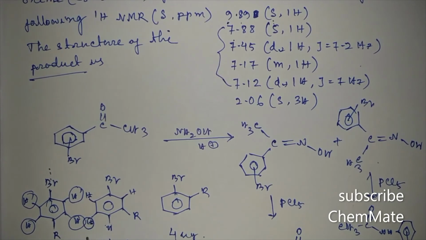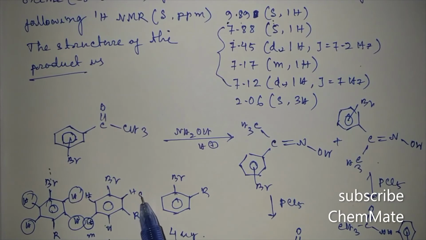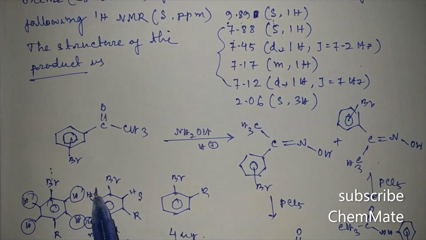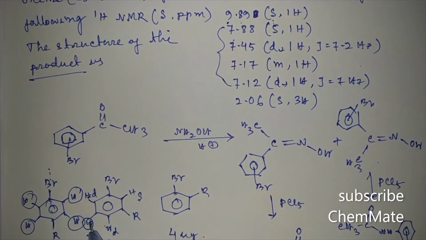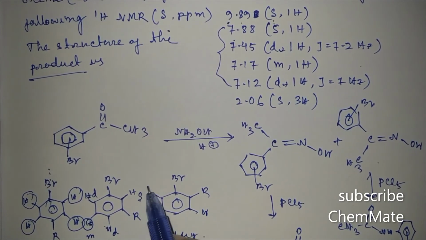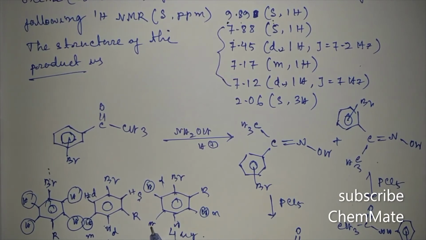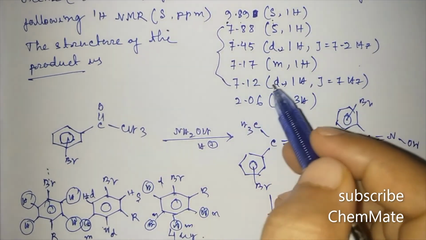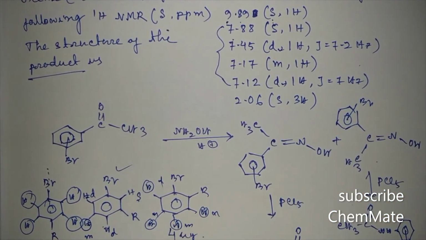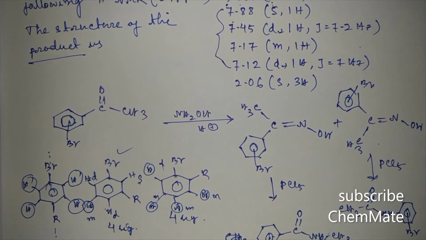And this hydrogen will appear as a multiplet because of the splitting by these two hydrogens. In ortho, no singlet will appear; two hydrogens will appear as doublets and two hydrogens will be multiplets. So our 1H NMR data corresponds to meta, that is the Br must be at meta position.